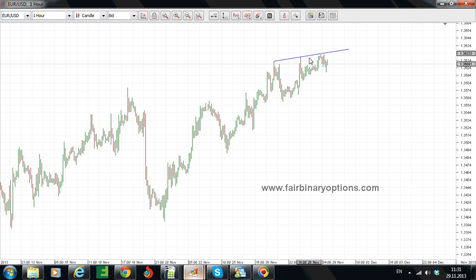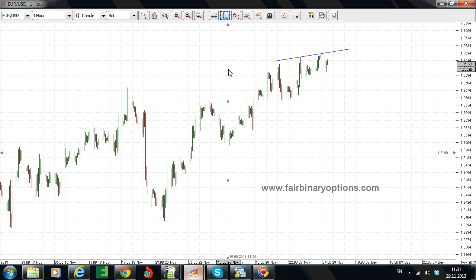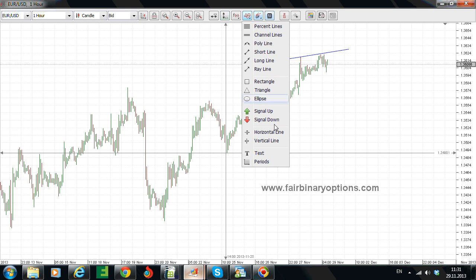But this pattern here looks to be a rising wedge that started from the lows here on the right side of the screen like this. And it advances with 5 different legs.